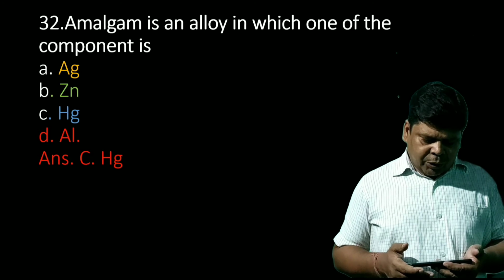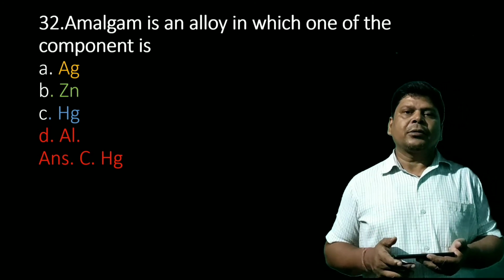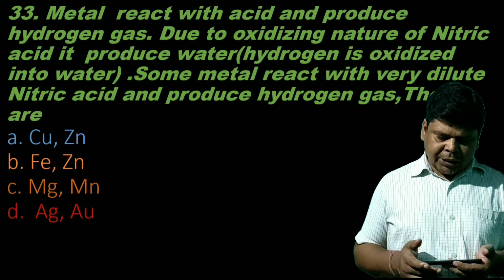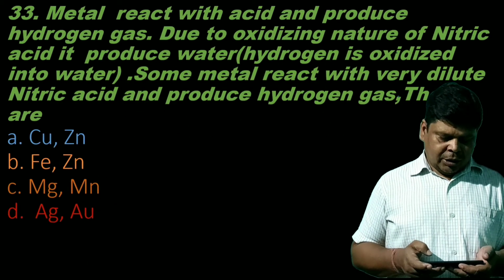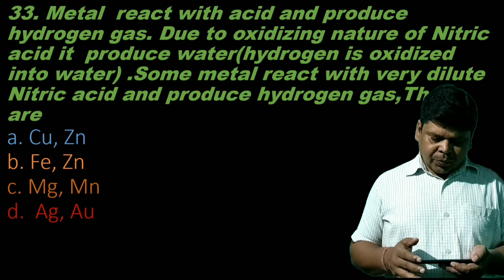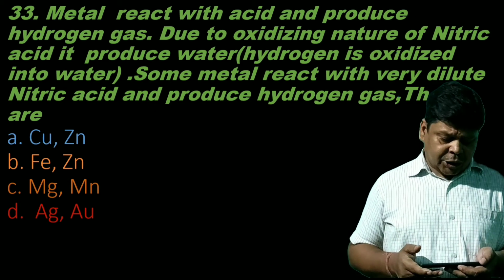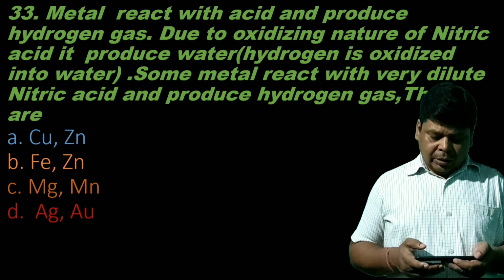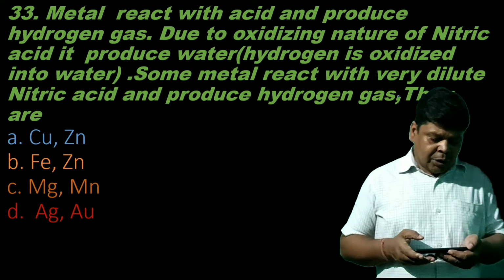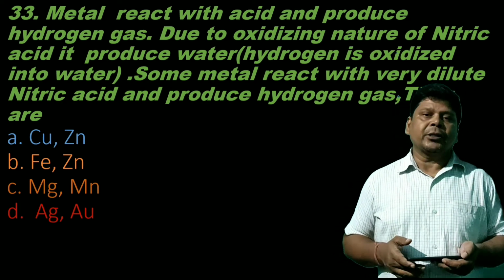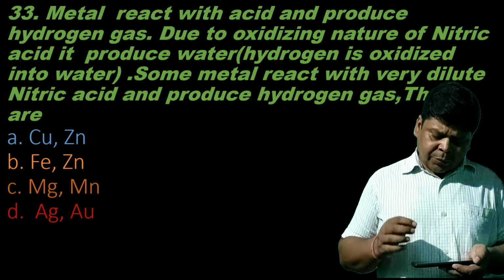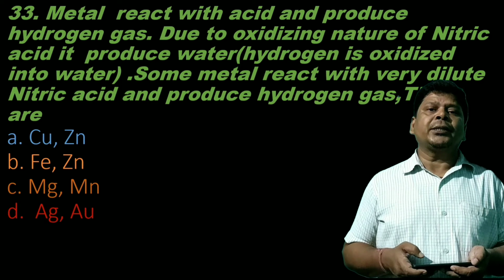Metal reacts with acid and produces hydrogen gas. Due to the oxidizing nature of nitric acid, it produces water because hydrogen is oxidized into water by HNO3, nitric acid. Some metals react with very dilute nitric acid and produce hydrogen gas. But there are very few metals that react with HNO3 and produce hydrogen gas.